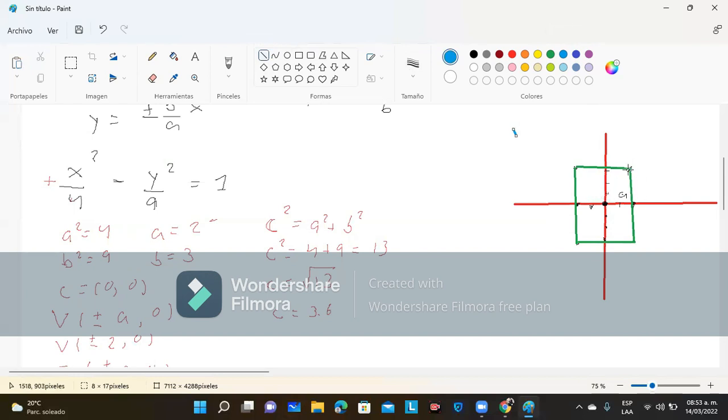Okay, we are going to create the diagonals. Diagonals are going to be these ones. Let's draw the diagonals. Going to be something like this. This is an asymptote. So this is an imaginary line, okay? This is going to be an imaginary line.